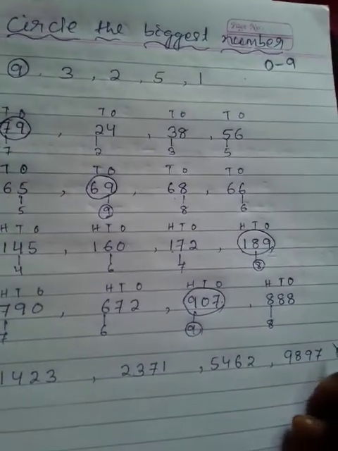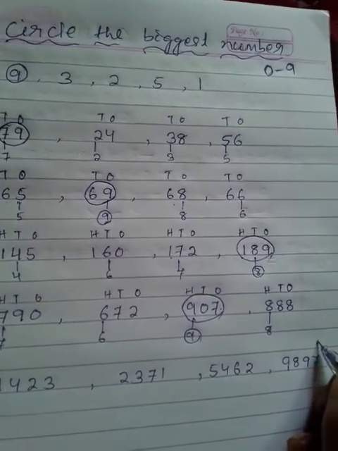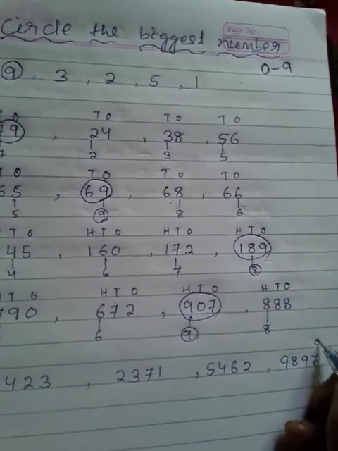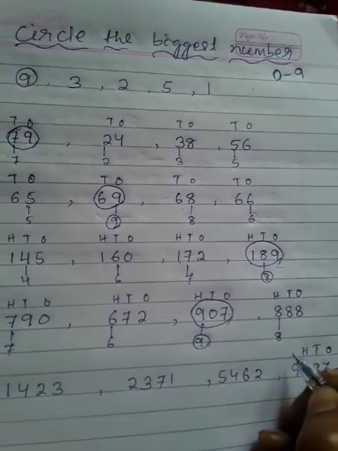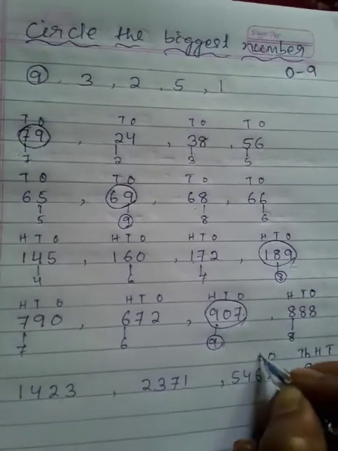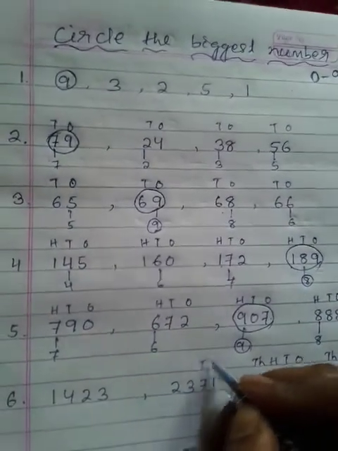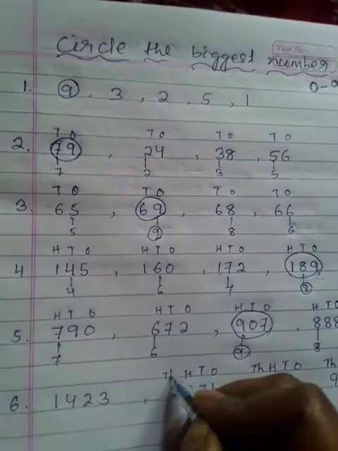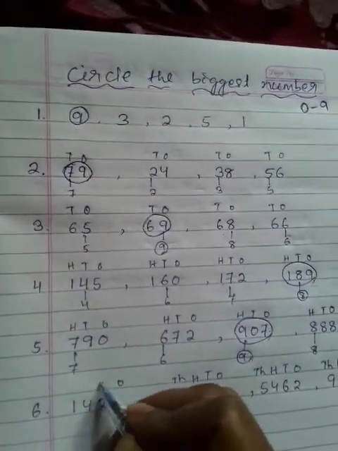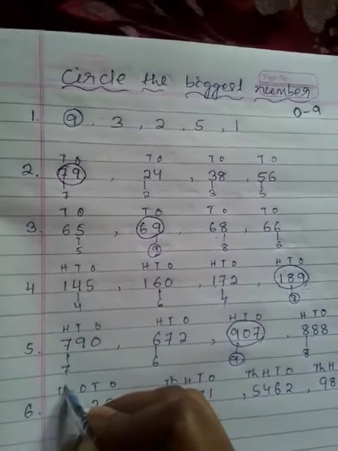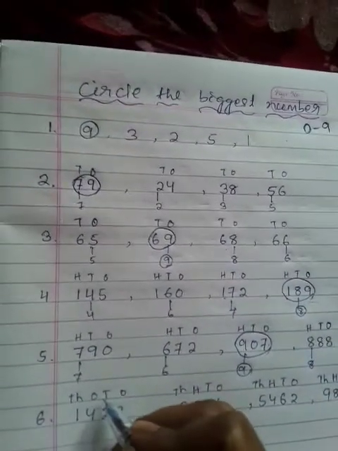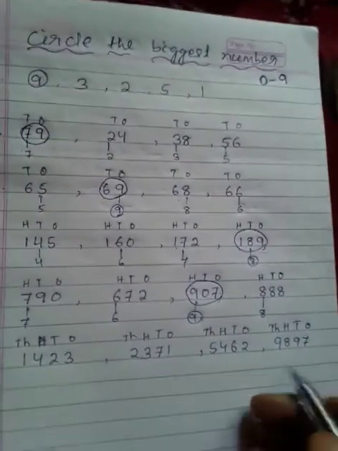First we have to write the places. So let us write ones, tens, 100, 1000, for each number. So let us compare the thousand place.